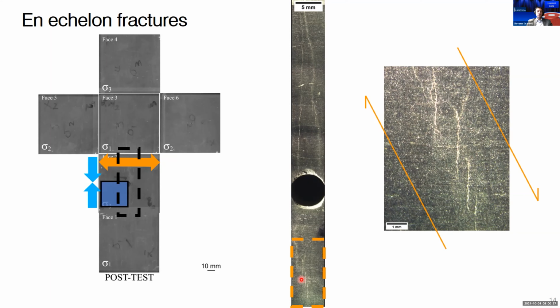But on the bottom side of this image, what was noticed was that this fracture was not developing on a single plane, but was creating a sort of en echelon fracture system, which clearly suggests some shear process that took place in that particular area of the sample.